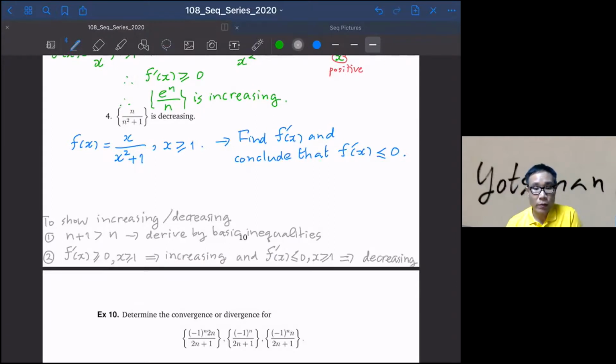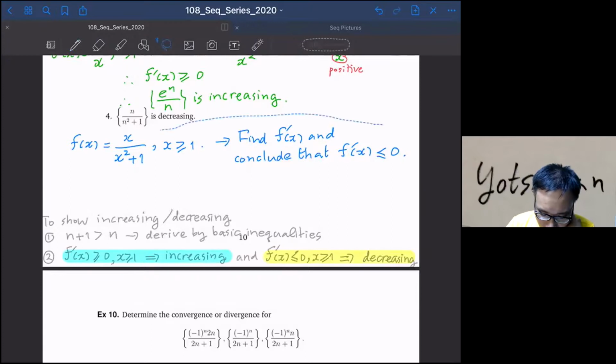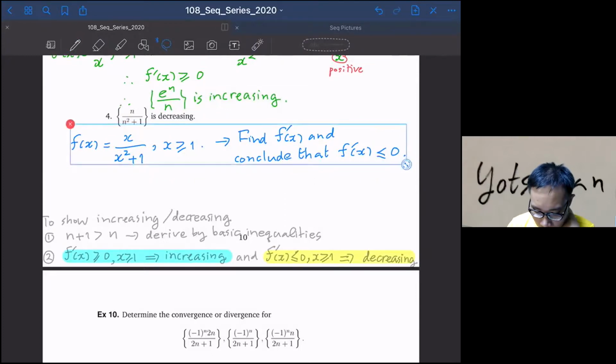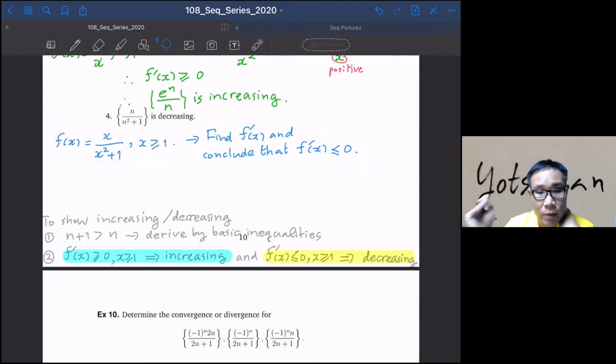That will be the thing that you use in order to determine increasing or decreasing of sequences. So you can use basic inequality, or you can just use the derivative for showing increasing or decreasing. Please try to finish this one on your own to see the derivative of this function, and I will give you the solution during the recitation.